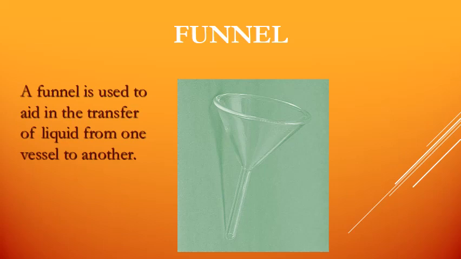The funnel will help you separate the solid from the liquid. And also, if you want to transfer liquid from one vessel to another, you use a funnel so that the liquid does not spill. It's usually made of glass, but sometimes it can also be made of plastic.